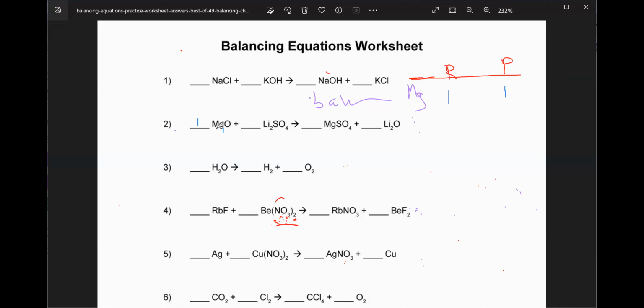Okay, so magnesium, I have one. It's okay, but before you put this, what second element do I have? Oxygen. Yeah, what third element? What is the name of it? The oxygen or lithium? Lithium, because I already wrote oxygen. Oh yeah, lithium.